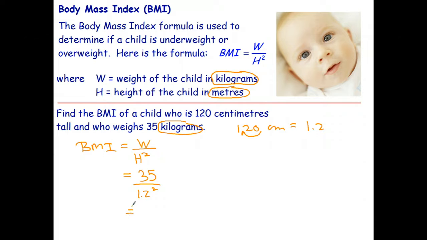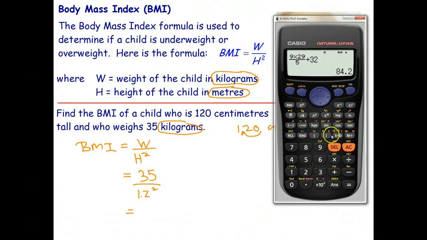With formulas, there's always 3 lines of setting out. Write the formula, substitute, and then the last step is evaluate. So clear what I have, put in once again the fraction, 35 in the numerator, 1.2 squared in the denominator, and I'll round that off to 1 decimal place, so 24.3.